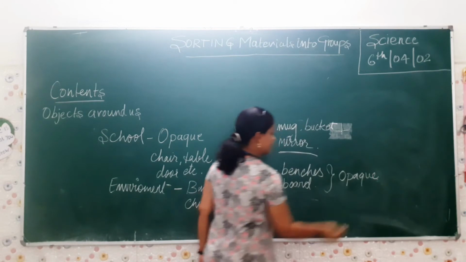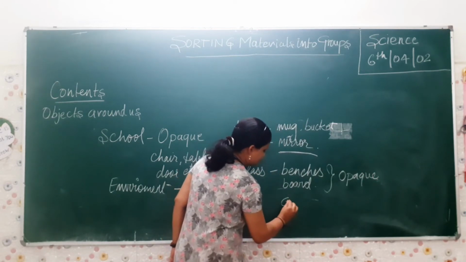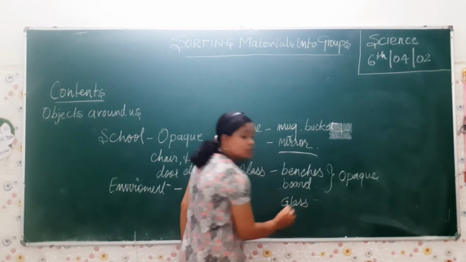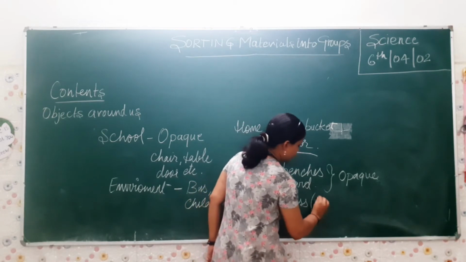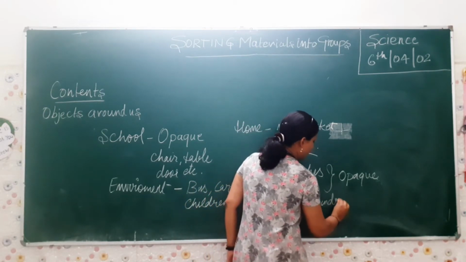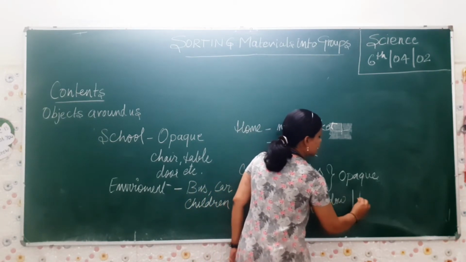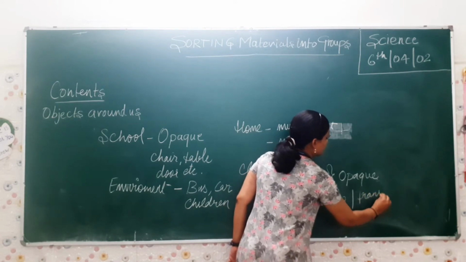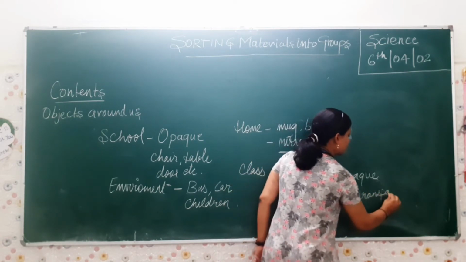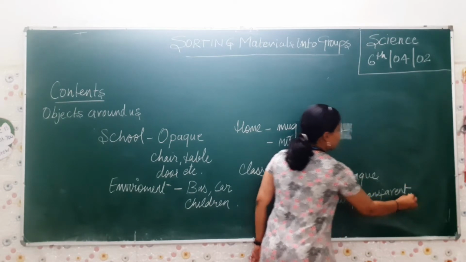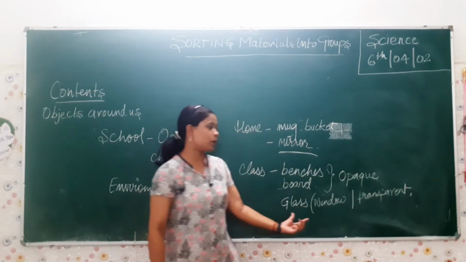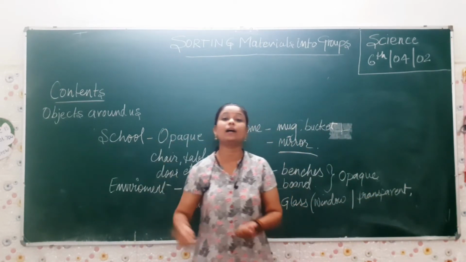One more thing is there, beta. Glass. Glass of a window, window glass. Now, it is transparent. How come it is transparent? Because you can see through the glass.